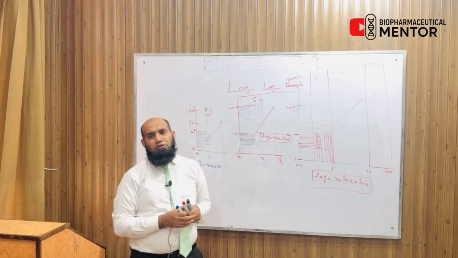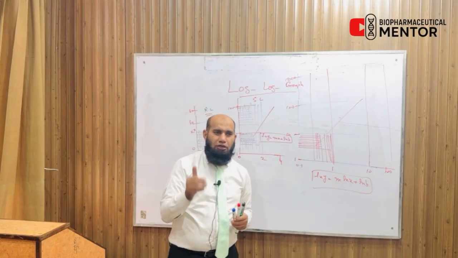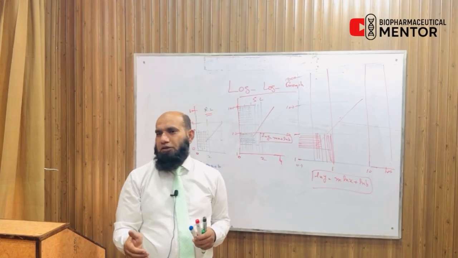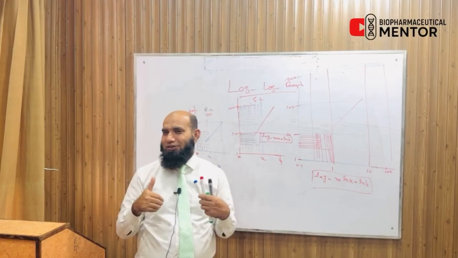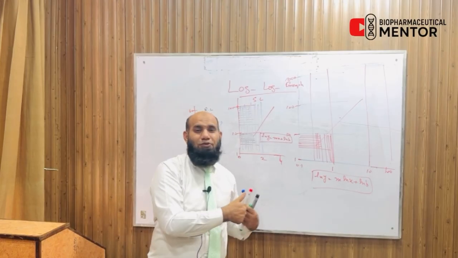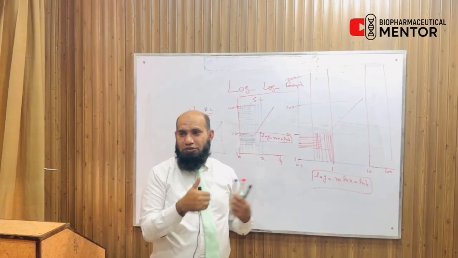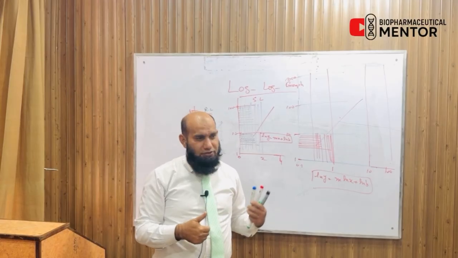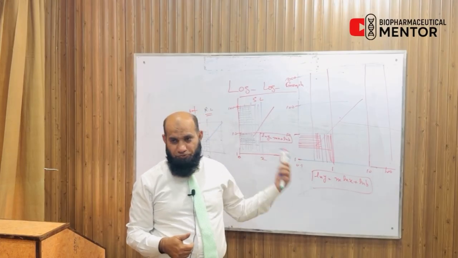Now our concept is, can we draw an animal having 50 gram weight and just like us having 70 kg weight? Meaning, where is 50 gram and where is 70,000 gram? Can we draw them on a single graph? Our answer is yes, we can. How?